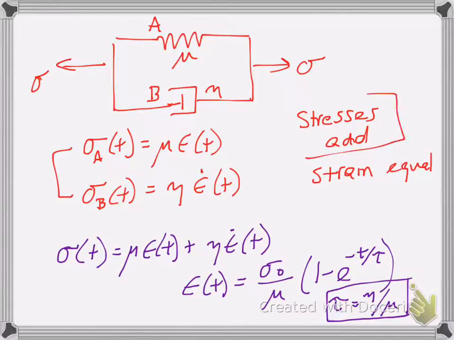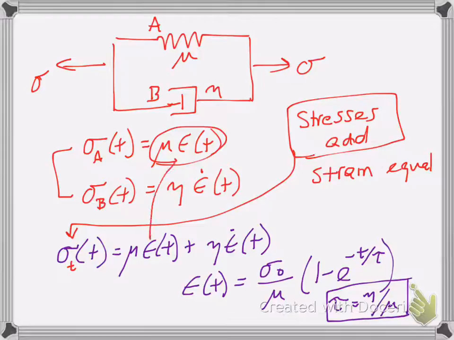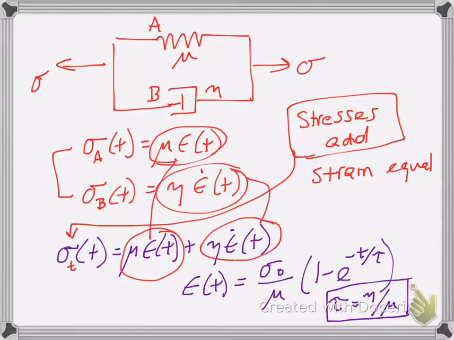But we can use the stresses add to come up with our total stress, which is just this element plus this element. So now we've added those together, but again, we have our strain and then our strain rate within here.